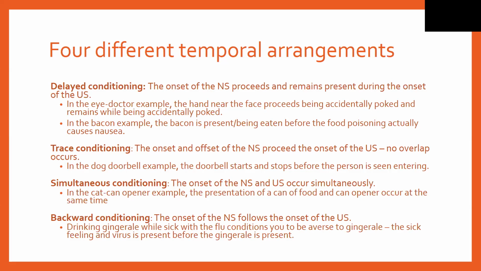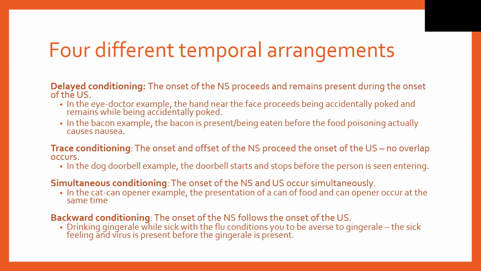Backward conditioning. The onset of the neutral stimulus follows the onset of the unconditioned stimulus. So the unconditioned stimulus comes first. None of our examples actually fall into this category, but an example that comes to mind is perhaps you've got food poisoning already, and you're feeling sick and ill, and then you drink ginger ale after you're already sick.